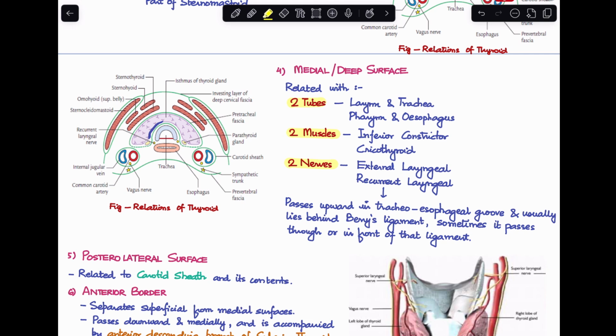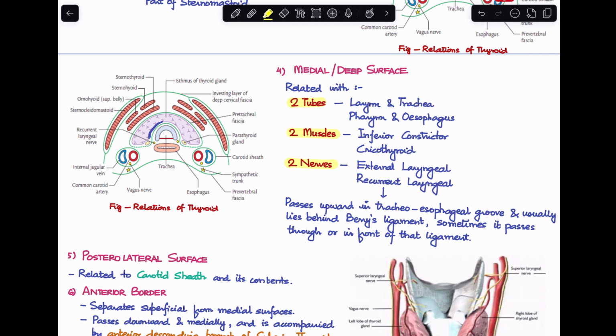And two nerves are the external laryngeal nerve and the recurrent laryngeal nerve. So these are the relations of the medial surface. This recurrent laryngeal nerve then passes upward in the tracheoesophageal groove, and it usually lies behind the Berry's ligament, but sometimes it can even pass through it or even in front of the ligament.